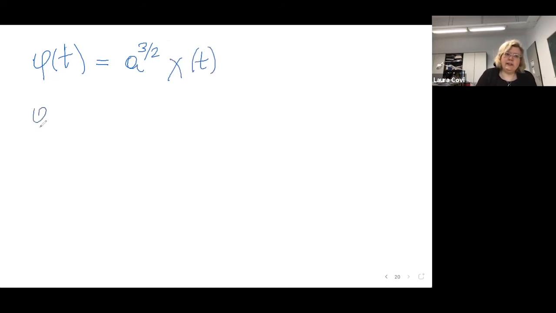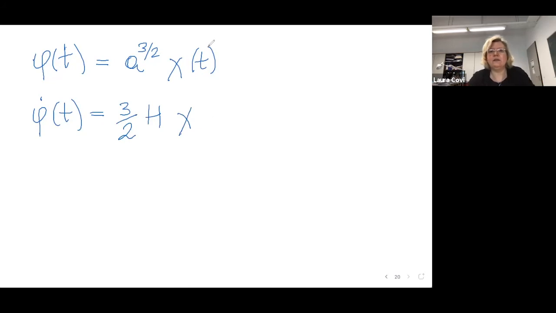And then you see that if you derive this one, you get 3/2 Hubble chi of t. Oh, sorry. Of course, you get 3/2 a dot, you can derive it by a, and let me get the expressions correct.